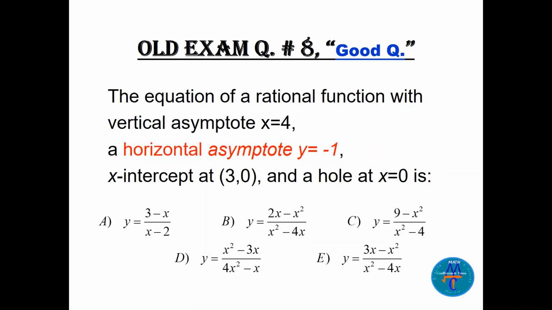We have to find the equation of the rational function given some information without the graph. So it says here, the equation of a rational function, vertical asymptote x equals 4, horizontal asymptote y equals minus 1, x-intercept 3, 0, and the hole at x equals 0. So you have to build the function, then choose A, B, C, or D.